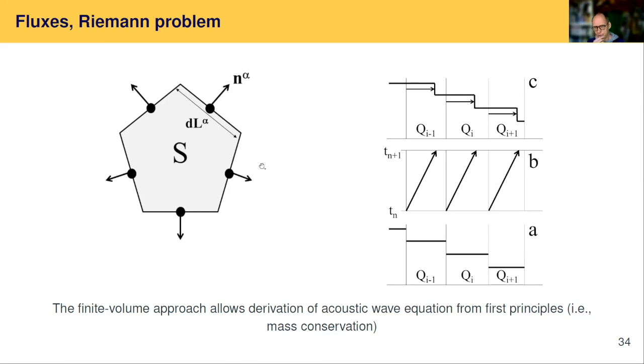Something that is important, that will come later when we talk about the DG method, is the so-called Riemann problem. What is the Riemann problem? Look at the bottom. I have volumes with, let's say, density or values in my cells, and the question is, if I have advection to the right, how much is actually flowing from the left cell to the right cell?